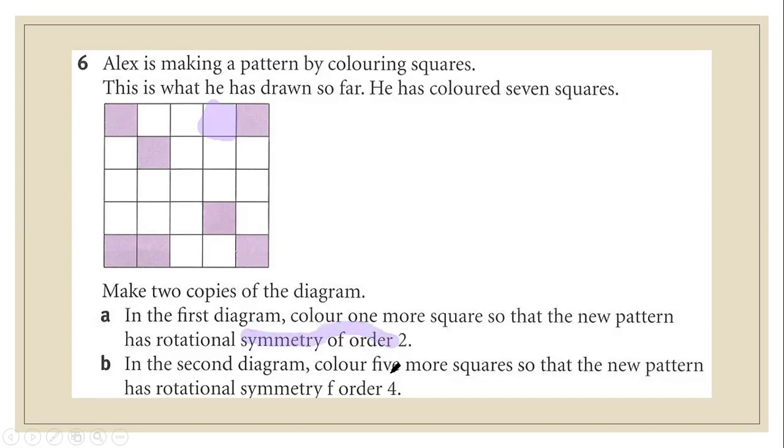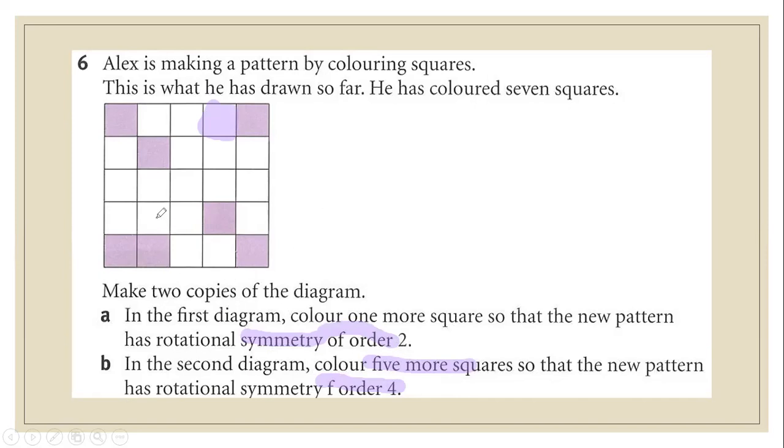In the second one, color 5 more squares so that the new pattern has rotational symmetry of order 4. Once you add, he said 5 more squares. If you put 5 more squares, its order of rotation must be 4. Why did he say 5? Look here.